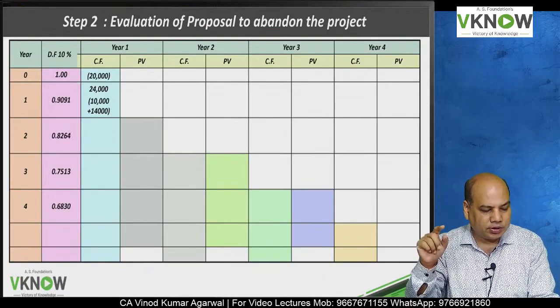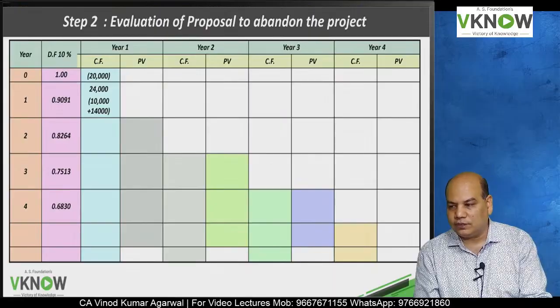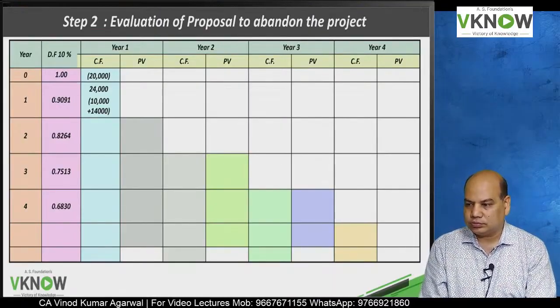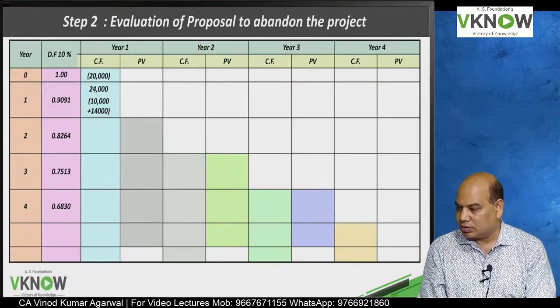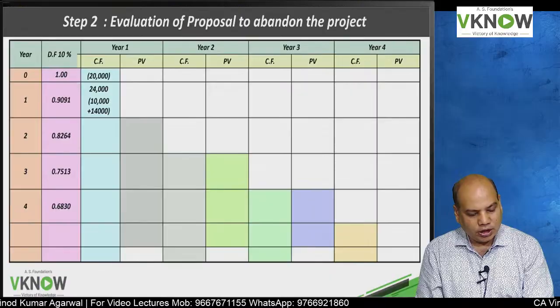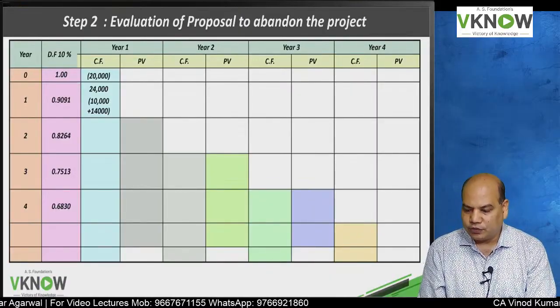Your total will be 24,000. Is it right? 10,000 and liquidation value, scrap value 14,000, so you will get 24,000.